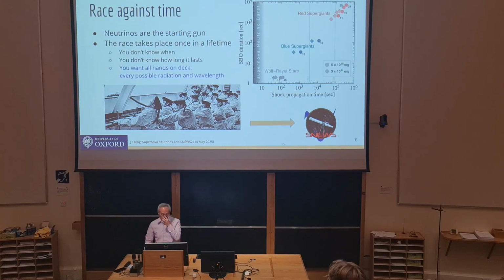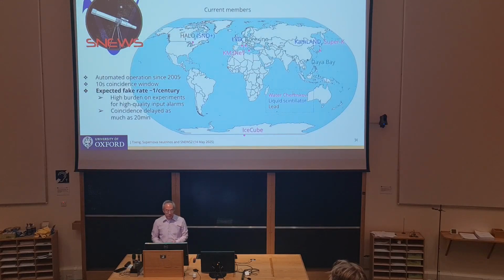And that's where the SNEWS collaboration comes about. SNEWS is a network of neutrino and dark matter detectors around the world. That includes IceCube, Super-Kamiokande, KamLAND. Some experiments turn on and off, so Borexino and Daya Bay are unfortunately turned off now.